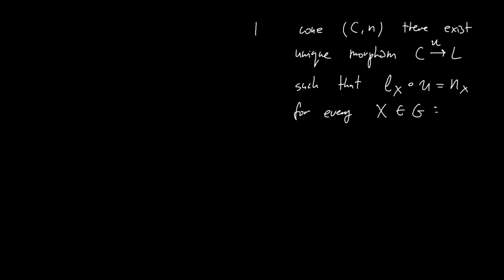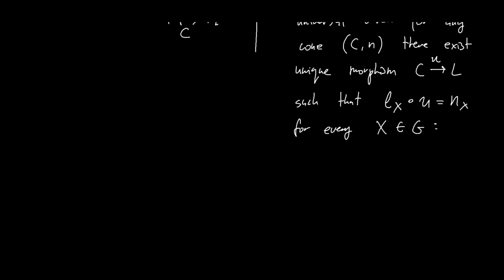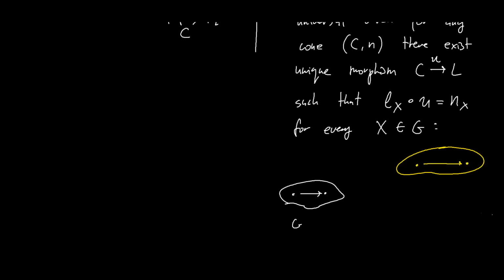So let's illustrate this in a picture. So we have this graph G, right? This is a picture for graph G. Maybe graph G just looks like this. Then I've got my diagram D that interprets this graph in the category.